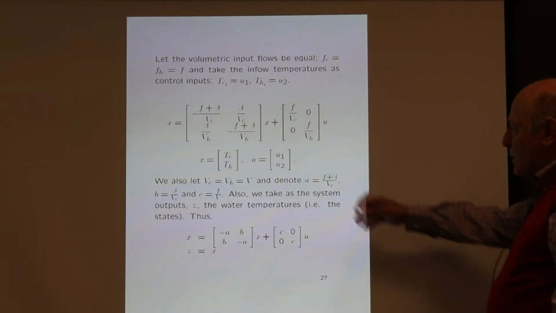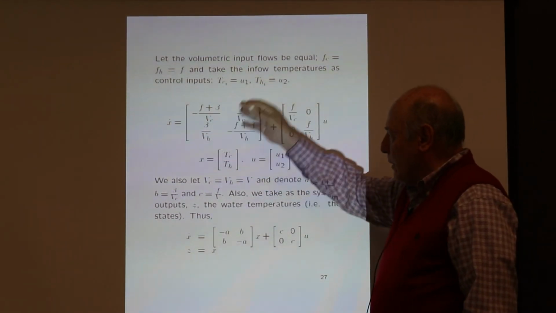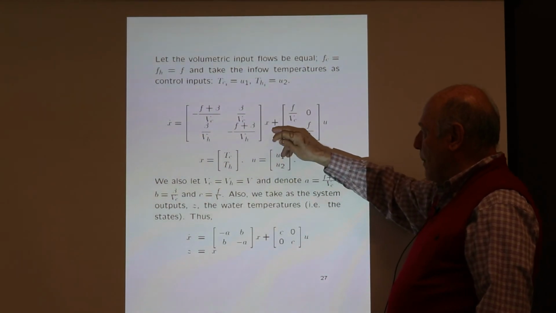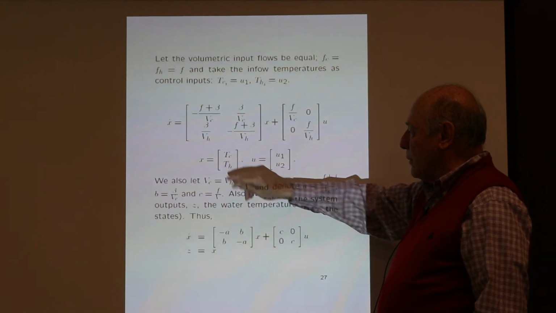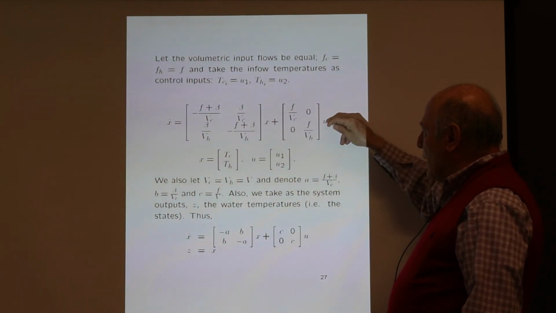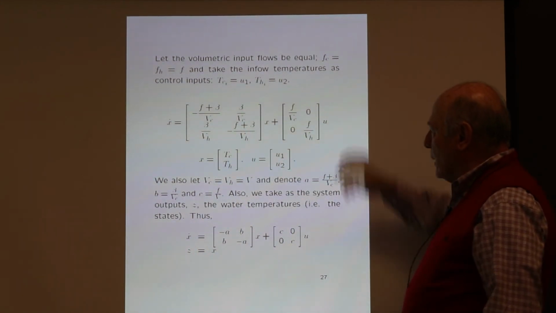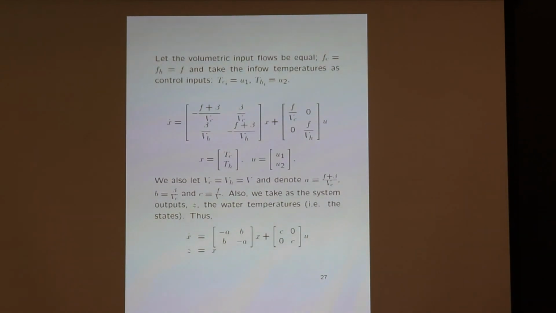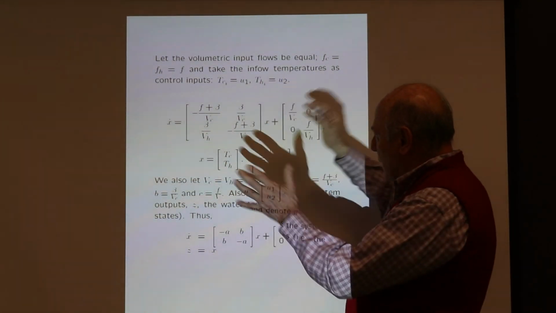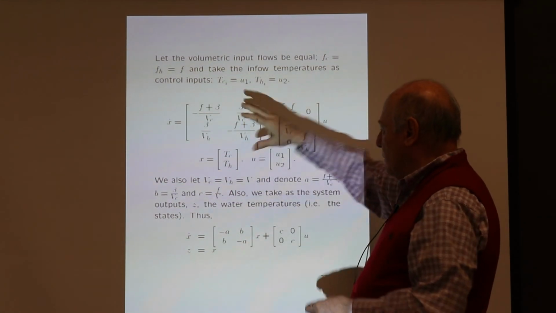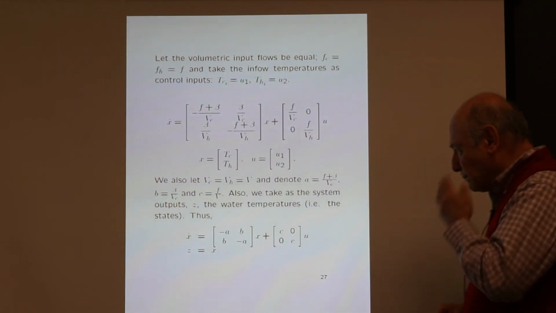So you have a state space representation in terms of all the system constants, and the state is just the temperature of the cold stream and the temperature of the hot stream, and the controls U1 and U2 are the input temperatures of both independent streams. When you do that, you can simplify the system because there is a lot of symmetry and a lot of constants that can be simplified.